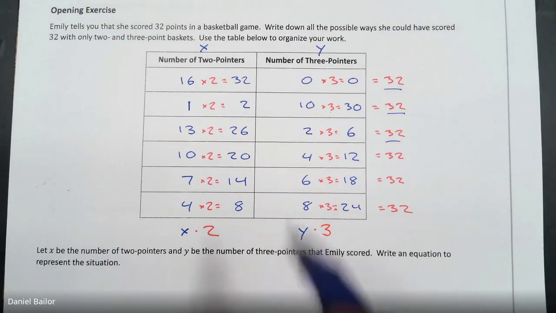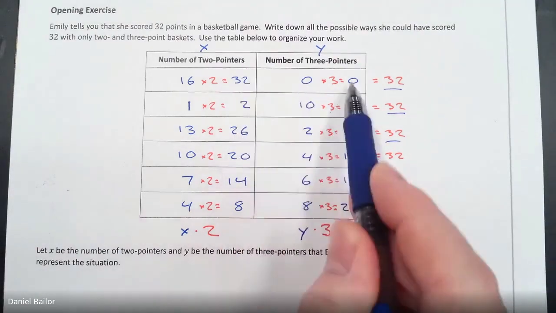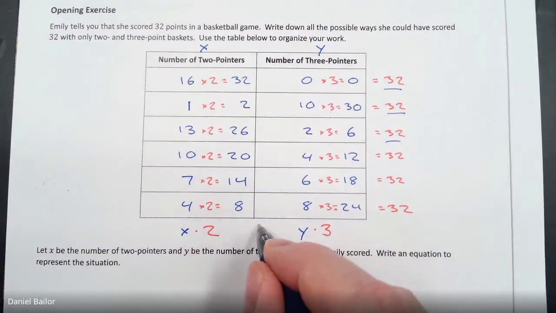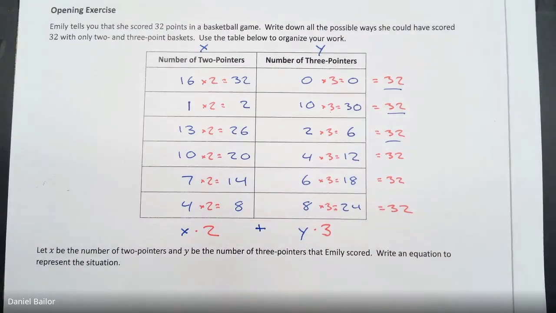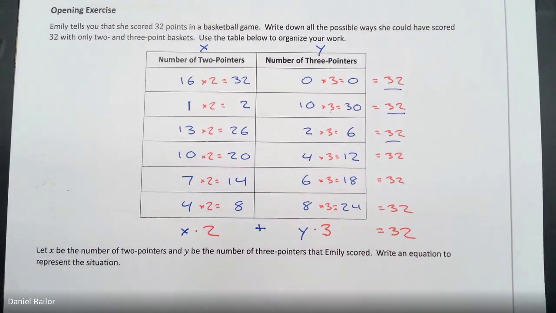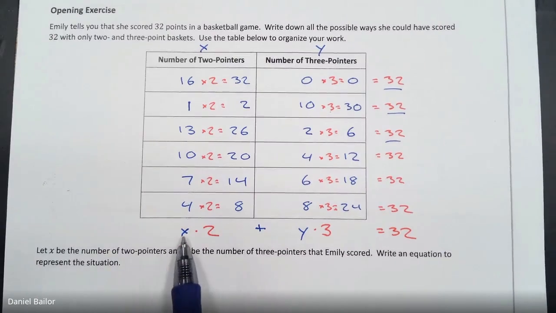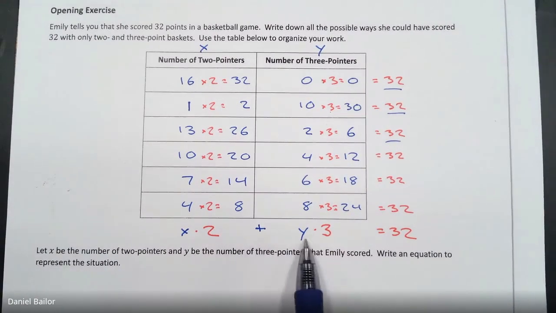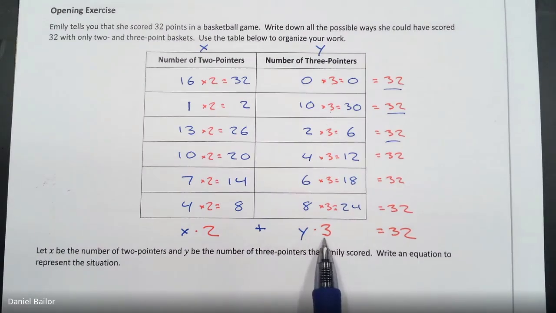And we added these together, 32 and 0, 2 and 30, 26 and 6, 20 and 12. All of that got added together, and all of the answers are 32. That's exactly what we did. We did the 2-pointers times 2, plus the 3-pointers times 3 has to equal 32.